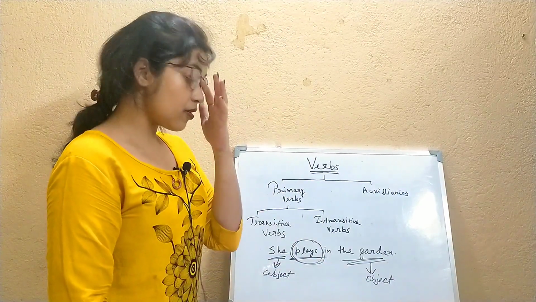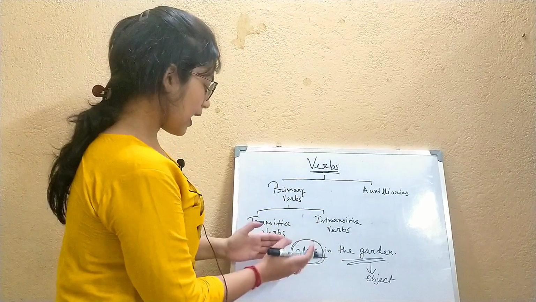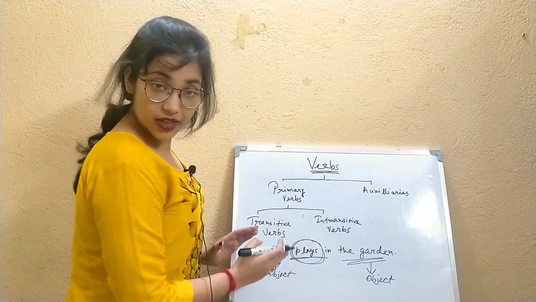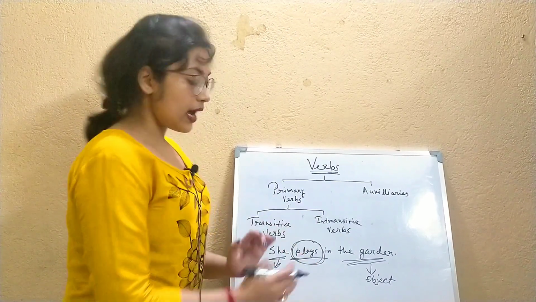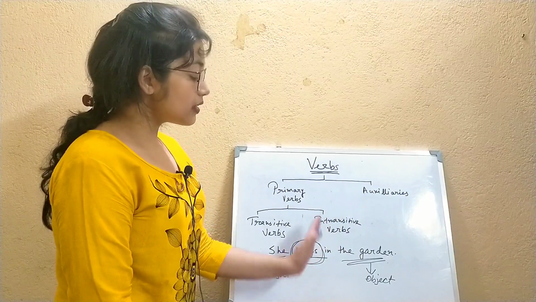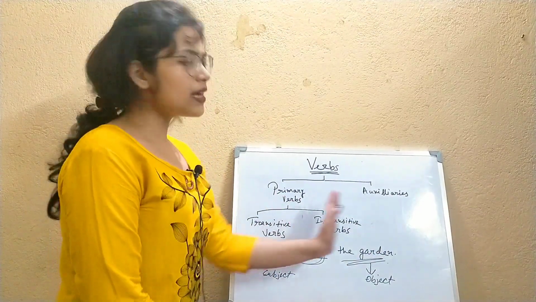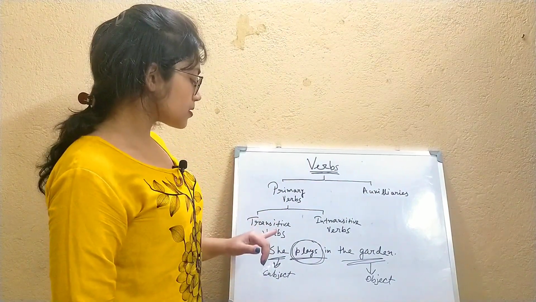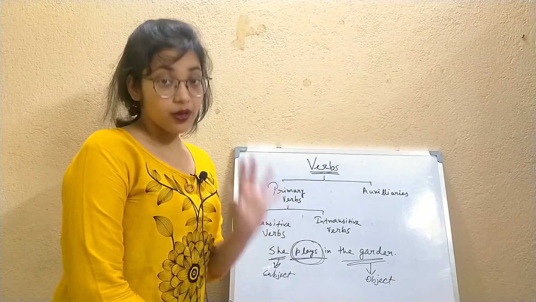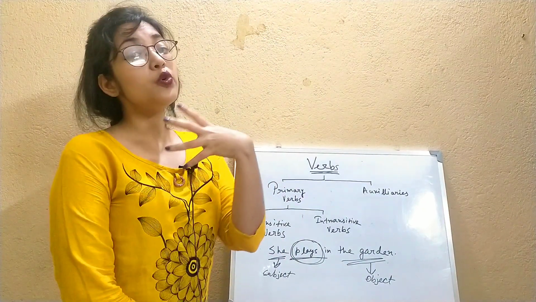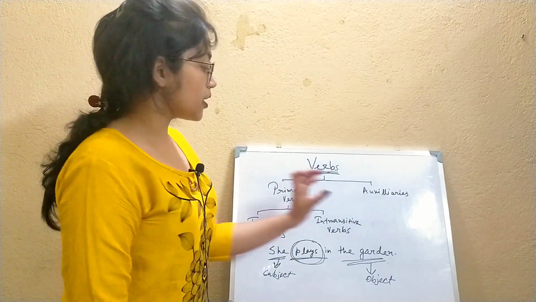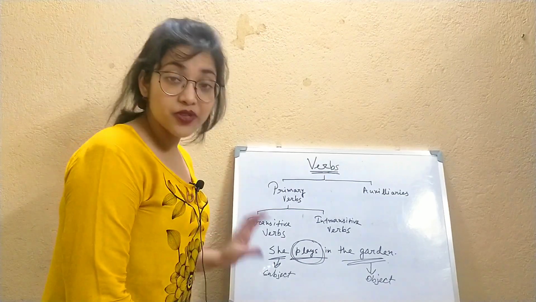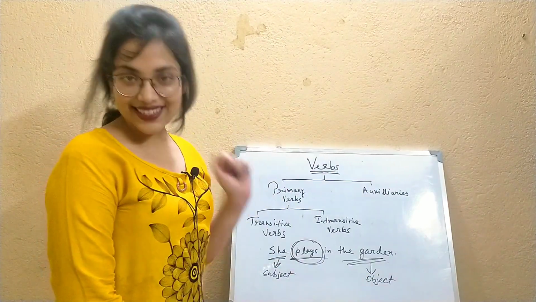So the garden is our object, and as a question we just get the subject, where does she play, and as an answer we get the object, she plays in the garden. Okay, so transitive verbs are those verbs which enable us to raise a question in a particular sentence or against the subject present in that sentence.